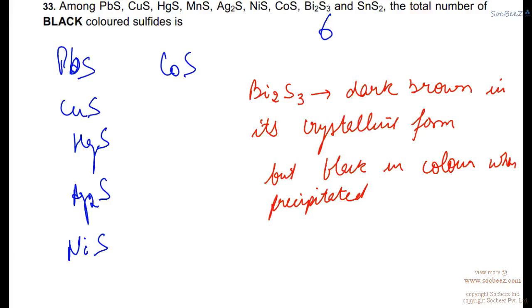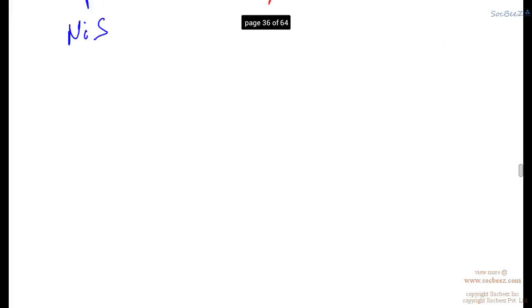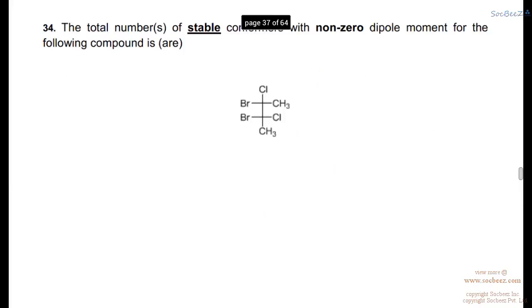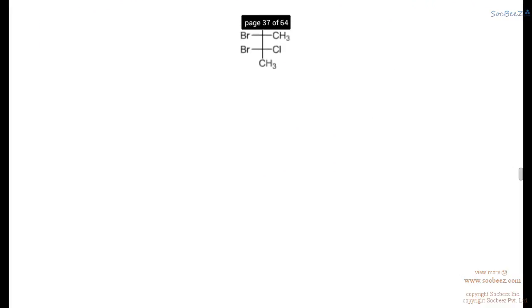So now let's move on to another question. The question says, the total number of stable conformers with non-zero dipole moment for the following compound is or are. Well, to go for it, we have to draw all the conformers of this compound.